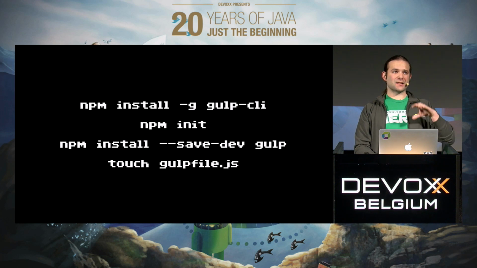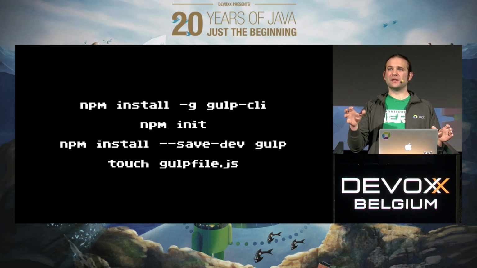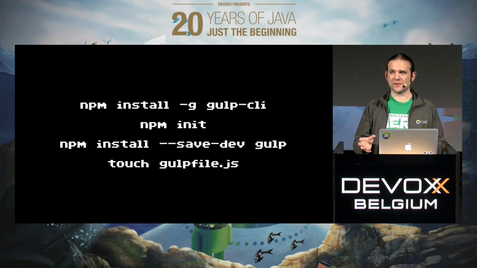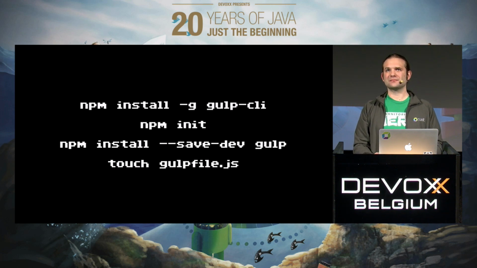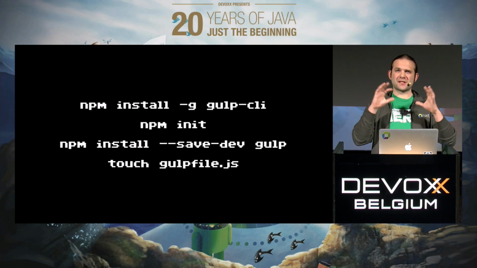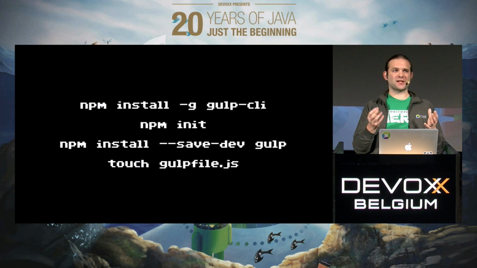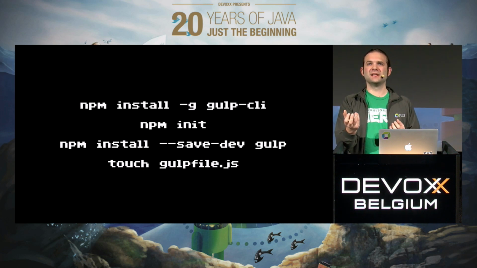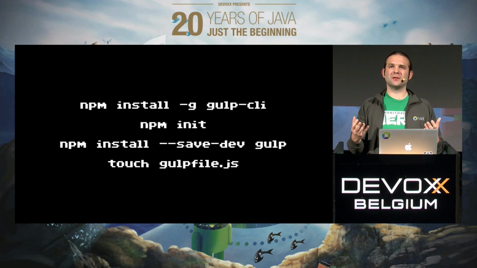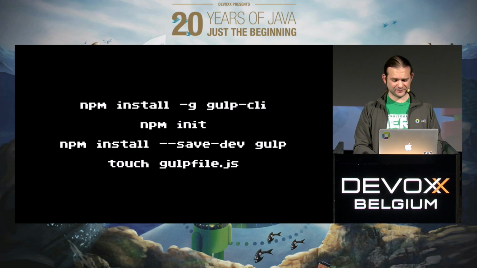The Gulp CLI is globally available. Gulp is locally available for every project that you use. Why? Well, Gulp has rather fast release cycles, so I thought it's better that you have a universally usable Gulp CLI that just kicks off the local Gulp that you have, and you run the local Gulp for the project, so you don't have any dependency issues.